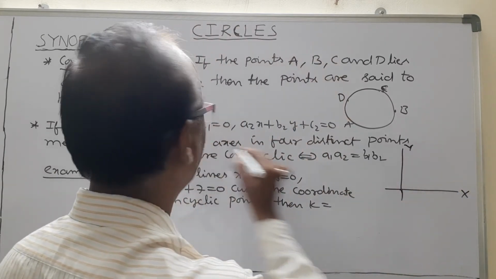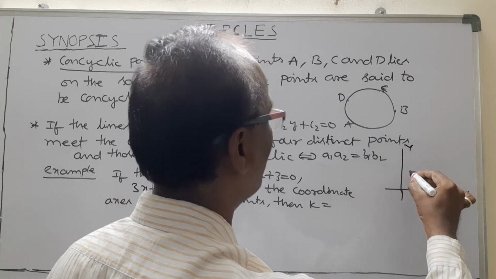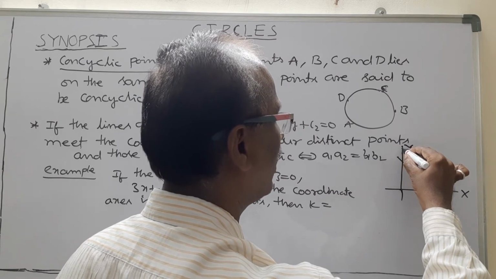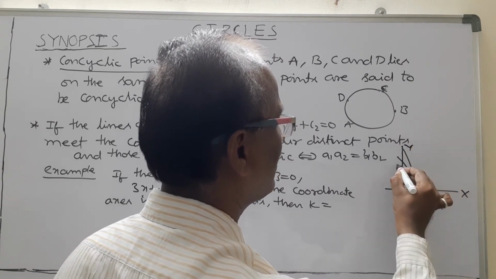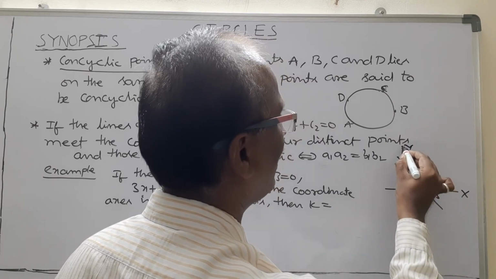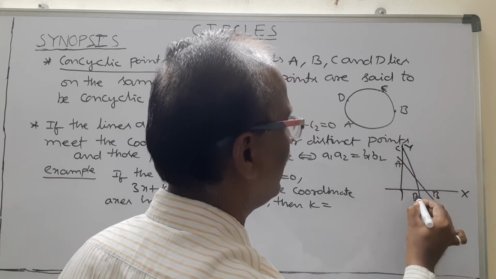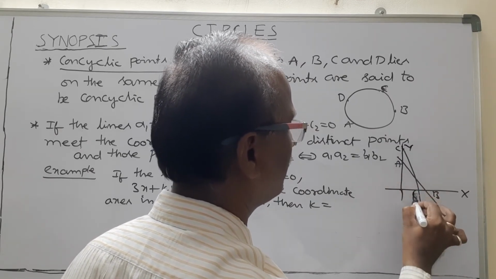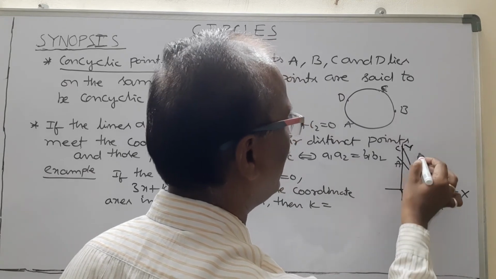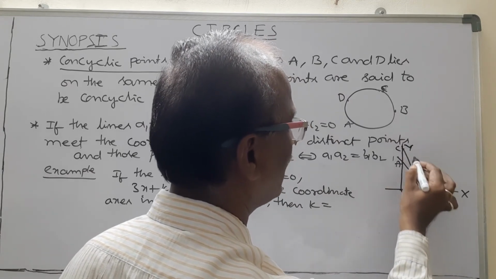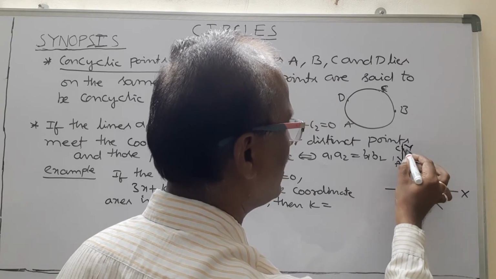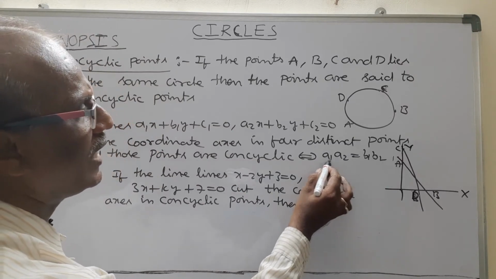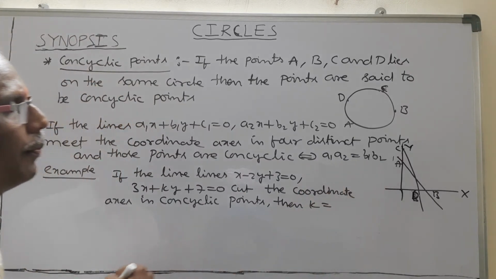This is the first line a1x + b1y + c1 = 0 intersecting the coordinate axes, and the second line also intersects the coordinate axes. The first line intersects at A, B, and the second line intersects at C, D. Here A, B, C, D are the concyclic points. That means the circle passes through C, A, D, B. Then the condition is a1a2 = b1b2.